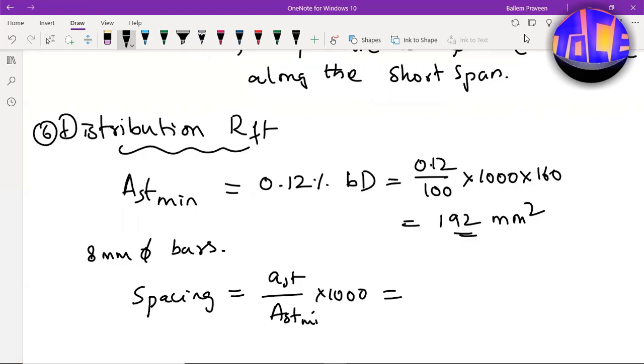So we are getting a spacing of around 261.7. So we can provide 260 mm center to center.